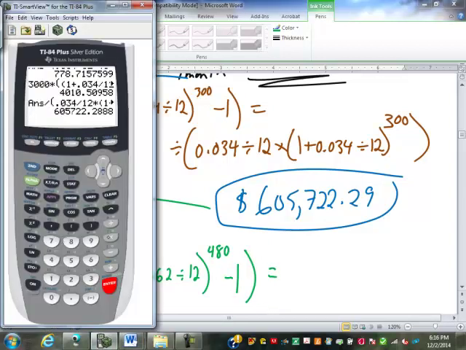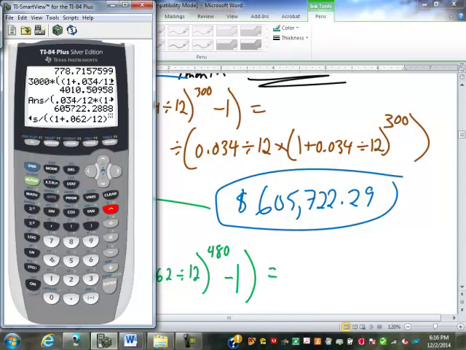So we'll do that first. Divided by 1, 2. 1 plus 0.062 divided by 12 to the power of 480 minus 1, close parentheses.